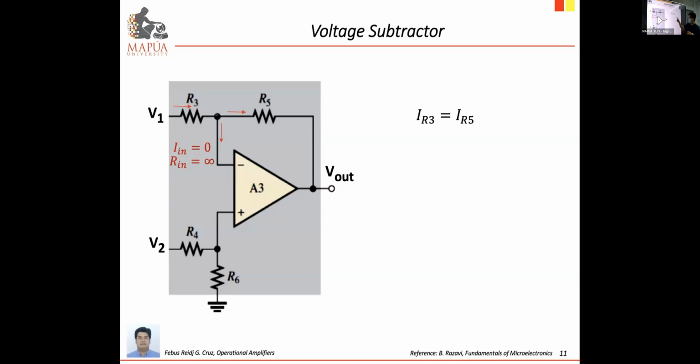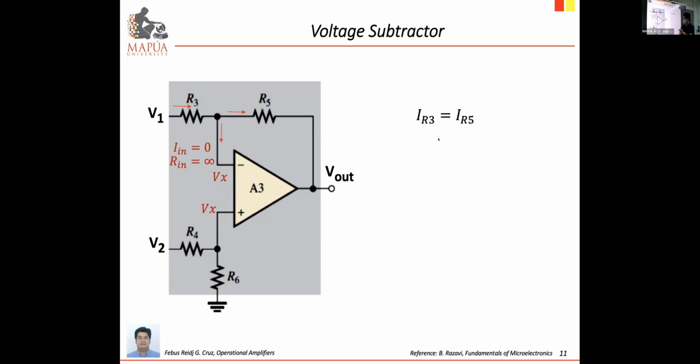So IR3 will now be the voltage drop across R3. So that would be V1 minus the voltage on this node. So we temporarily label the voltage here as Vx. So we can say the voltage drop across R3 is V1 minus Vx divided by R3. Then current along R5 would be Vx minus Vout divided by R5.